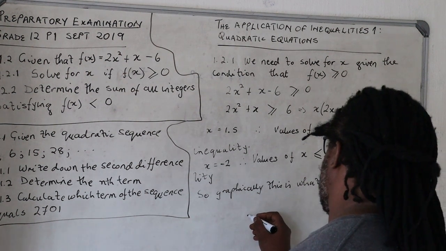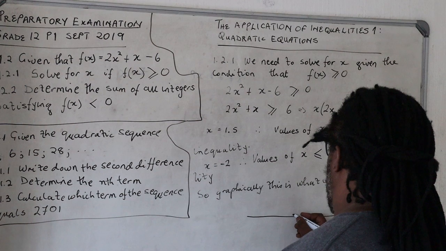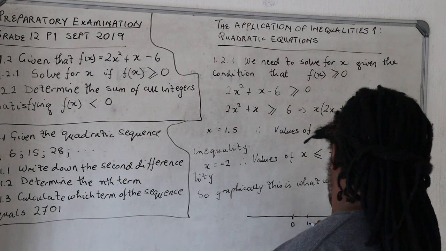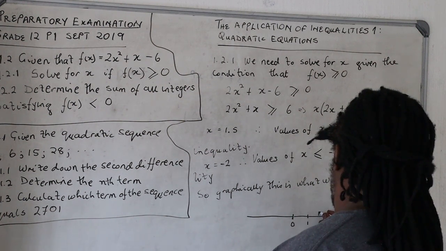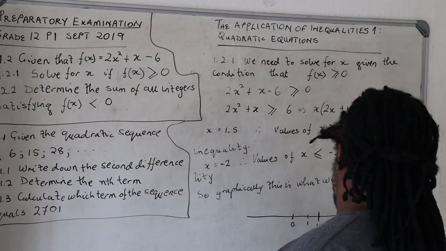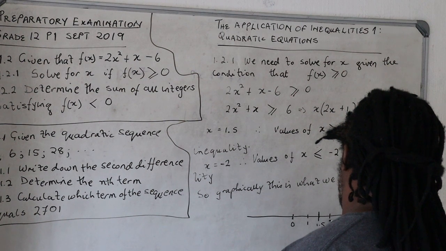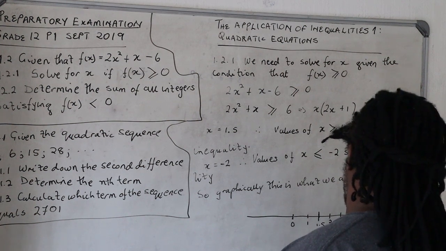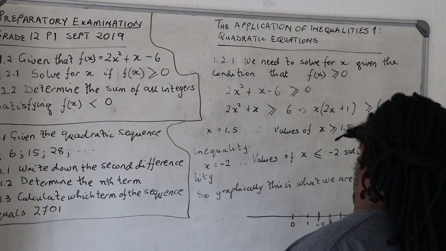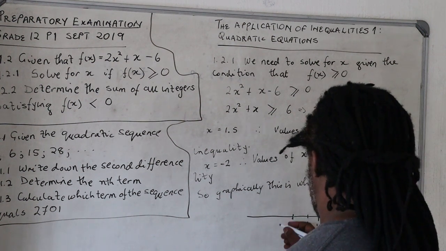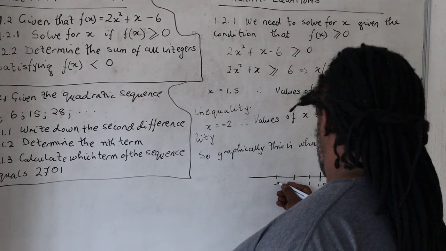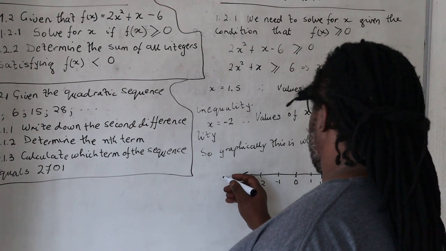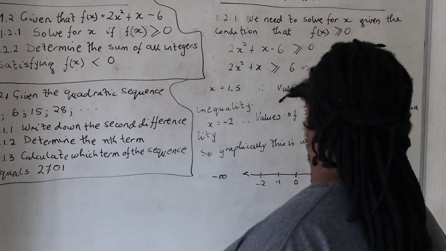If we draw a number line of the values of x, and we have a 0 there, a 1 there, a 1.5 there, a 2 there, and a 3 up to positive infinity, and we have a minus 1 there, a minus 2 there, going in this direction up to negative infinity.